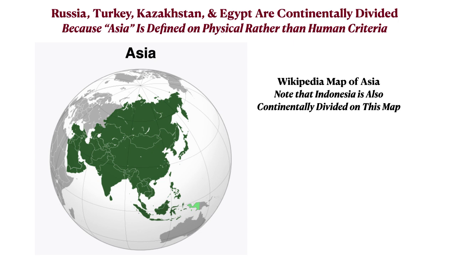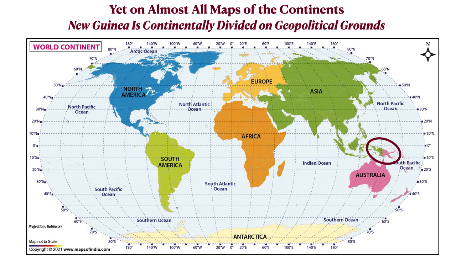And so here Wikipedia is continuing to use these physical features because, as I mentioned before, all of New Guinea is, in terms of the geological definition of continent, connected with Australia rather than with Asia. But there's a big but here. On almost all the maps of continents you can find, it is New Guinea that is divided, and it's divided on geopolitical grounds, not geophysical grounds.